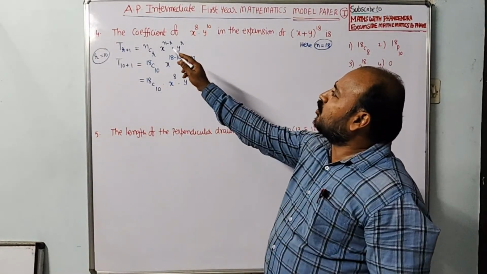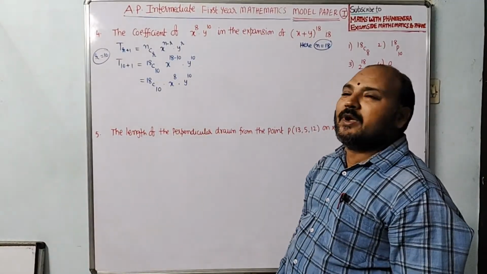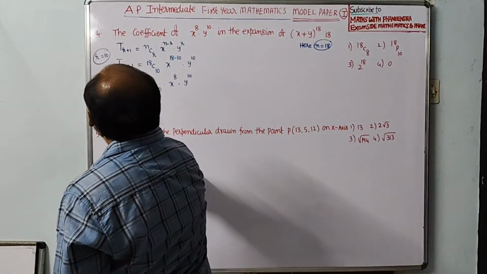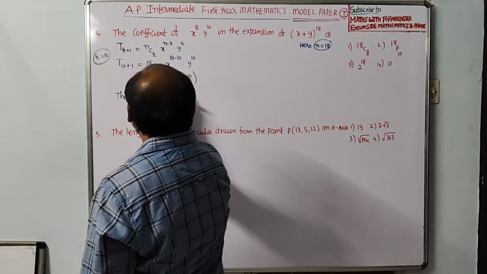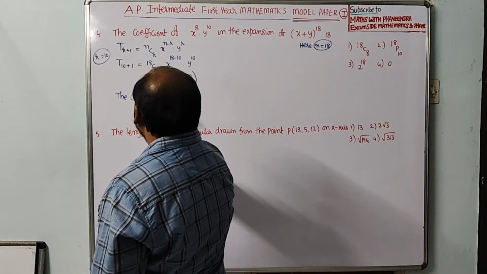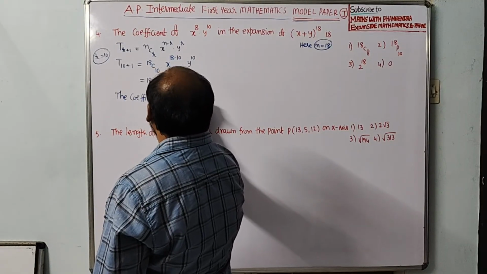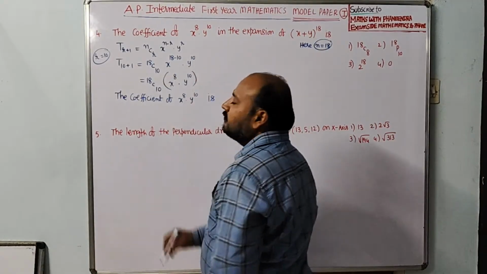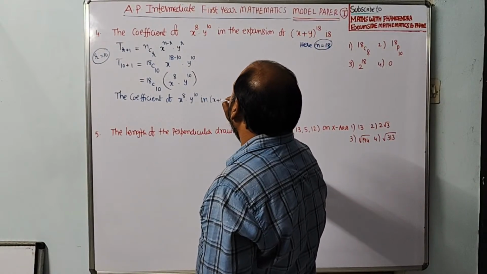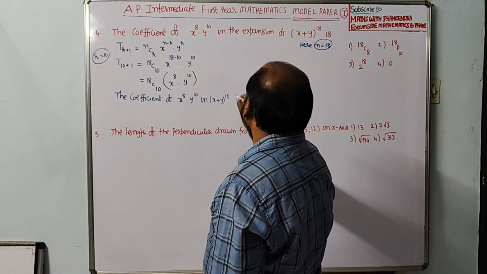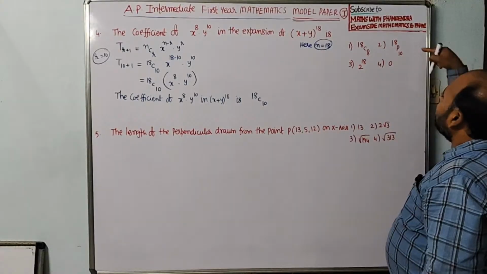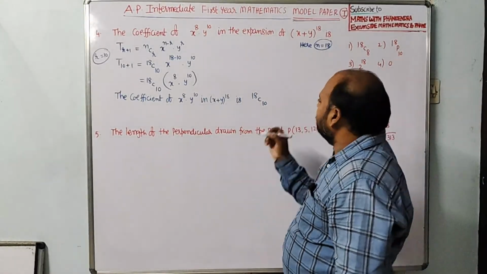They are asking to find the coefficient of x power 8 into y power 10. The coefficient is this only, no? The coefficient of x power 8 into y power 10 in the expansion of (x plus y) whole power 18 is 18C10. But 18C10 is not there, 18P10 is there, but that is not our answer.